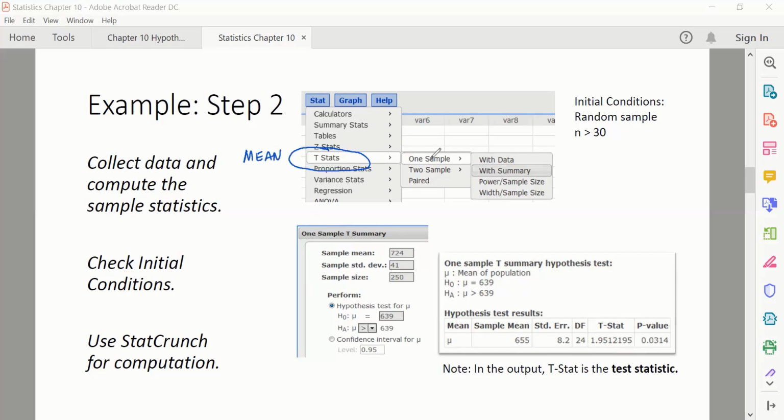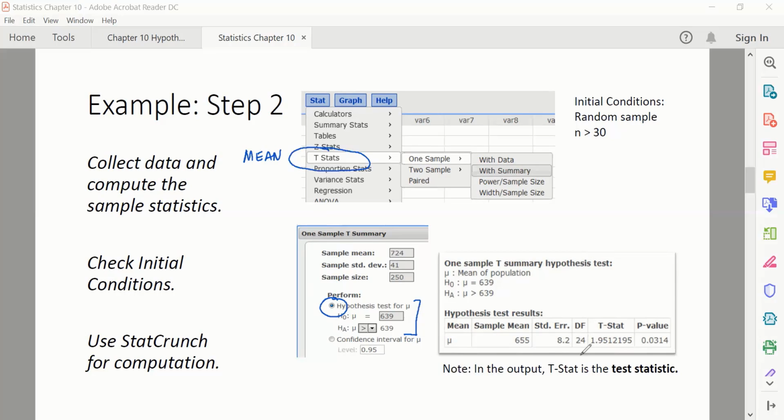We'll do T stats, one sample with summary just like before, but now we click the radio button for hypothesis testing and we fill in all the information for the hypothesis test. So we fill in that our null hypothesis is the mean is 639 and our alternative that the mean is greater than 639. And that's it.